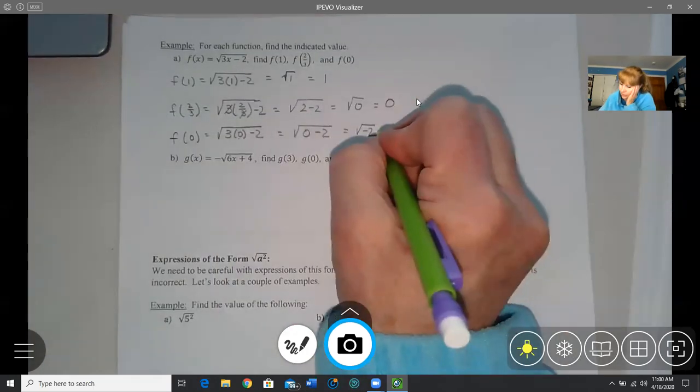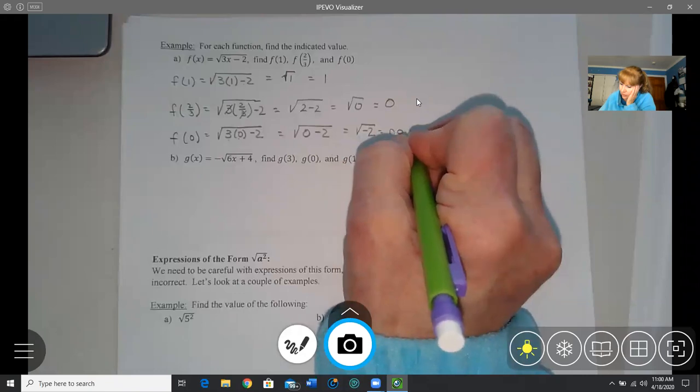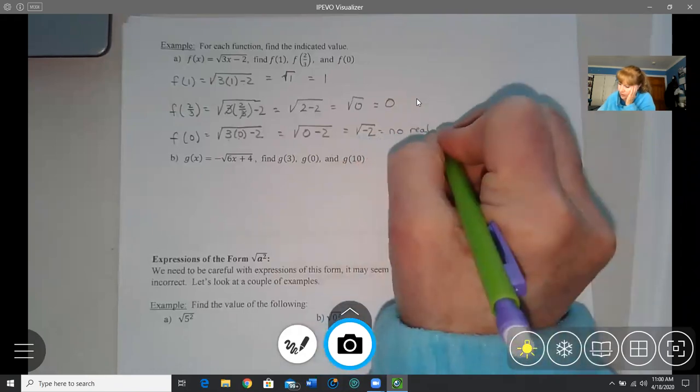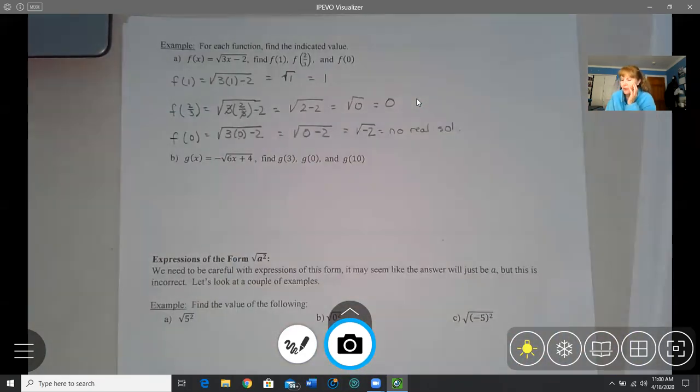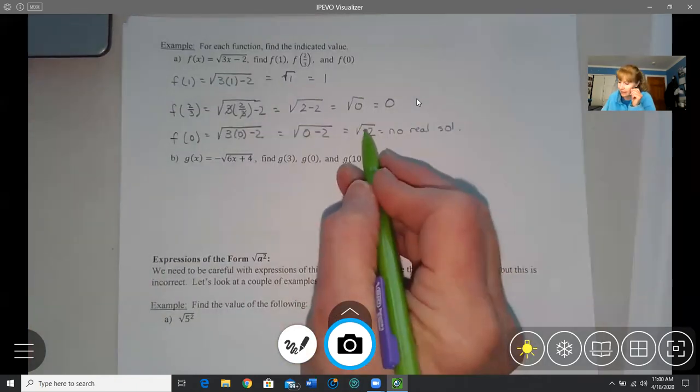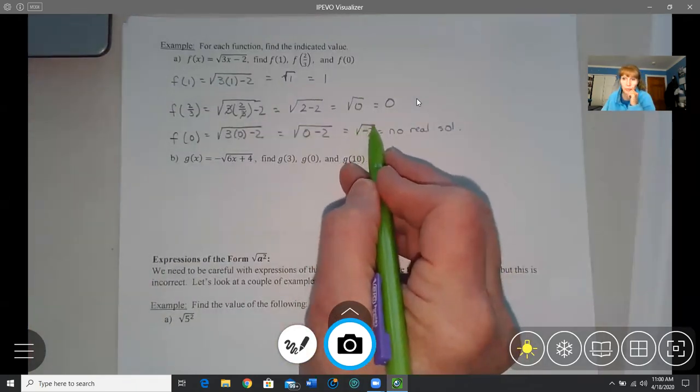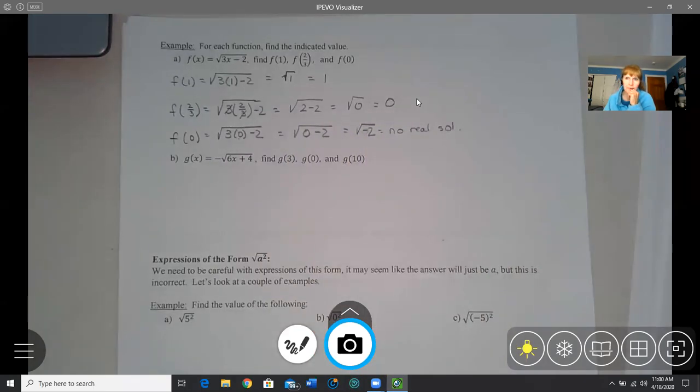This has no real solution, no real answer. They may even say if you're working in the real number system, it would actually be no solution. You cannot have this negative in this square root, okay? No negatives, all righty? No real solution, no real answer, okay?